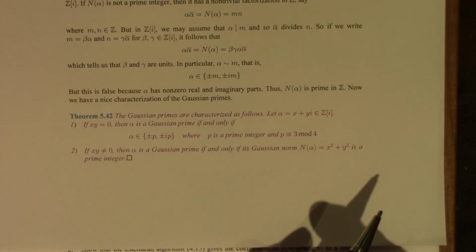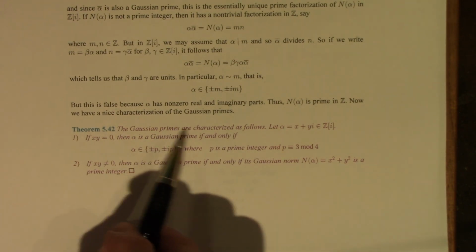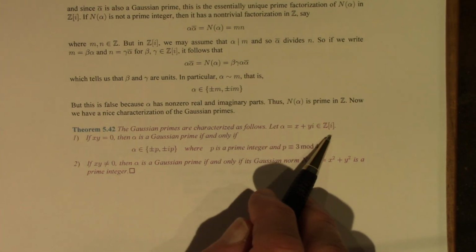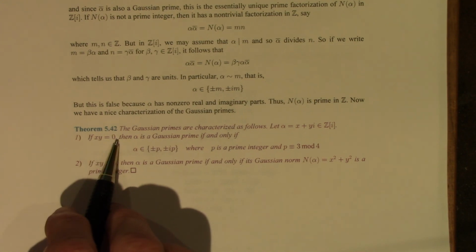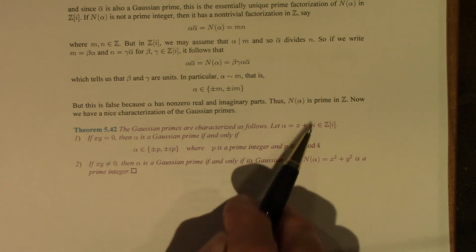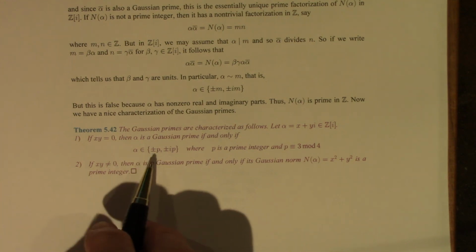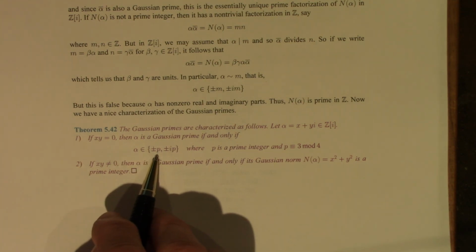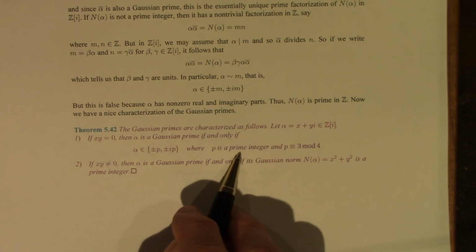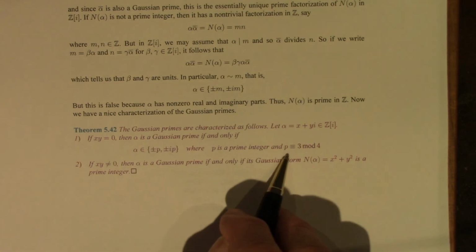And so to conclude, we have a very nice characterization of Gaussian primes. Let's say alpha equals x plus yi. If xy equals 0, so at least one of these coefficients is 0, then alpha is a Gaussian prime if and only if it is positive negative p, positive negative ip, where p is a prime integer congruent to 3 mod 4.